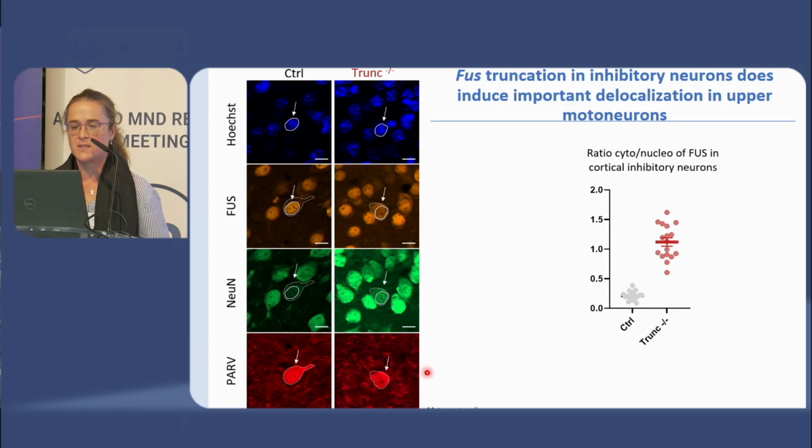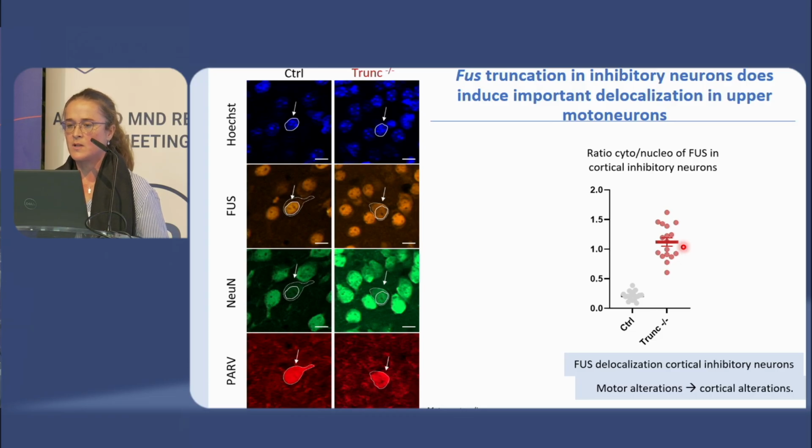And the parvalbumin staining that allows to label specifically inhibitory neurons, part of inhibitory neurons. And we found, as you can observe there, an important mislocalization of FUS in the cytoplasm of our homozygous mice. So we have this mislocalization, and it looked like our motor alteration are mainly associated to cortical alteration rather than spinal alteration.